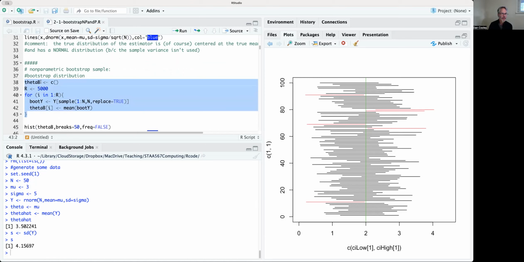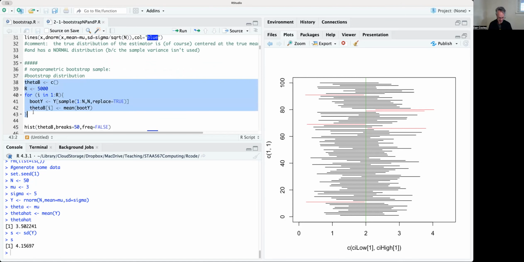So in line 38, we're going to do our non-parametric bootstrap. You can see that we're creating this thing theta b where we're going to store our bootstrap means. We're going to do 5,000 bootstrap samples. Each bootstrap sample is going to resample from our data y, take the mean of that and store it.